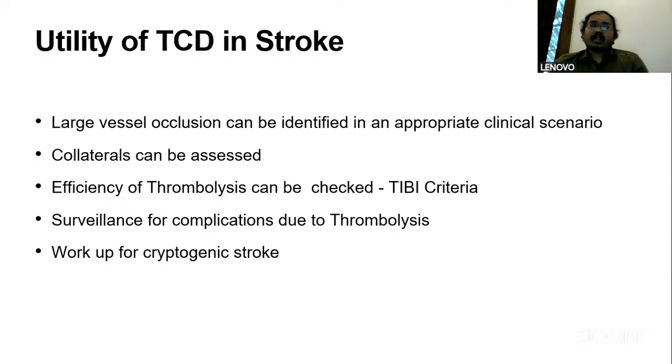Many times when we give thrombolysis, there would be a hemorrhagic transformation or a cerebral edema. In those cases, we can look for the complication, and also we can work up for cryptogenic stroke. Cryptogenic stroke is something which often occurs without an identifiable major cause, most often in young patients. So in that workup also TCD would be helpful.